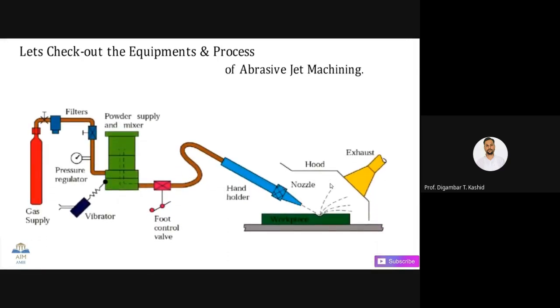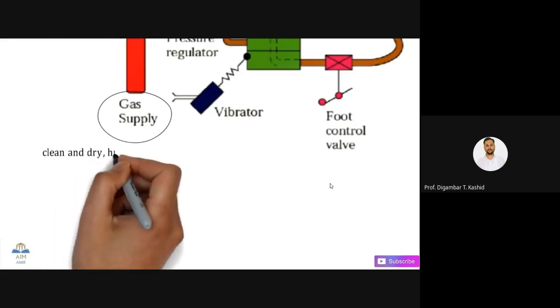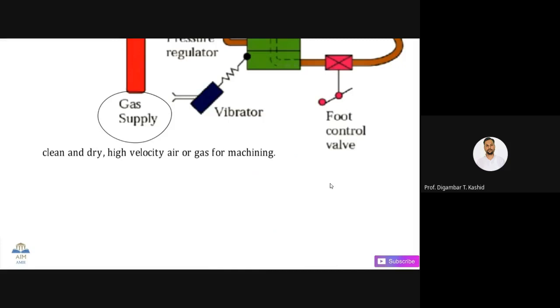Okay, now the setup diagram you will get differently in different books. Again, on Google also you will get different ones, but the components will not change. The same components will be there, but just the arrangement may change.